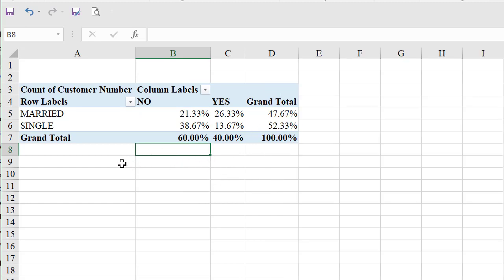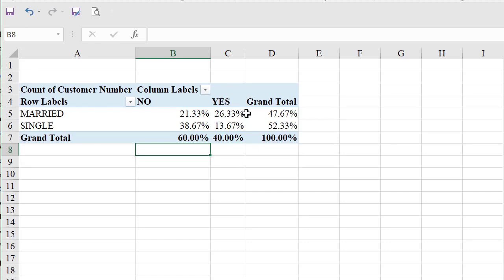So the probability of D given M is the intersection of D and M, so yes and married.